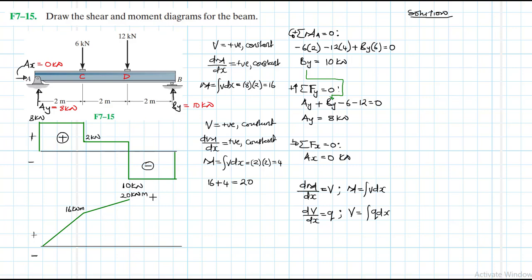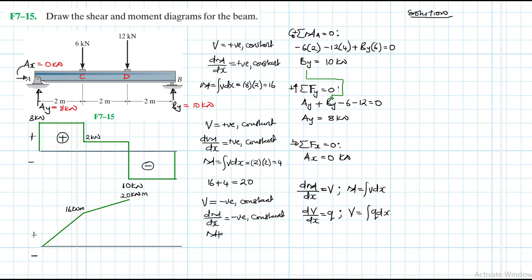And then finally, from D to B, shear is negative and constant, and the slope dM/dx is also going to be negative and constant.